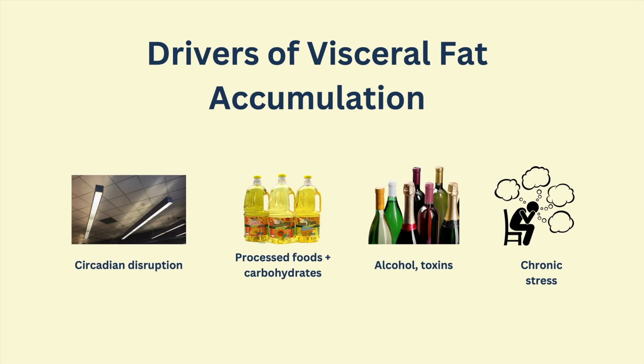Let's think about what's driving this problem. There's 4 key areas that I see that drive the accumulation of visceral fat. Circadian disruption, processed foods and carbohydrates, alcohol and other toxins, and chronic stress.